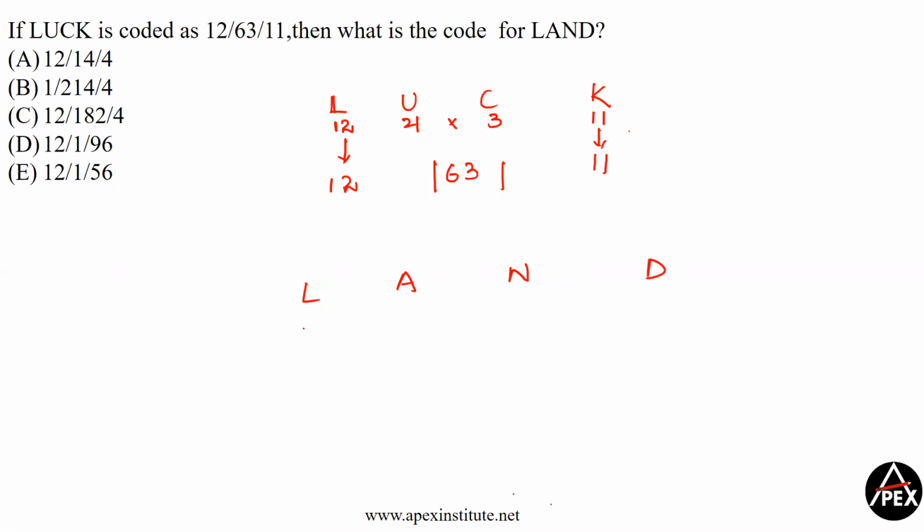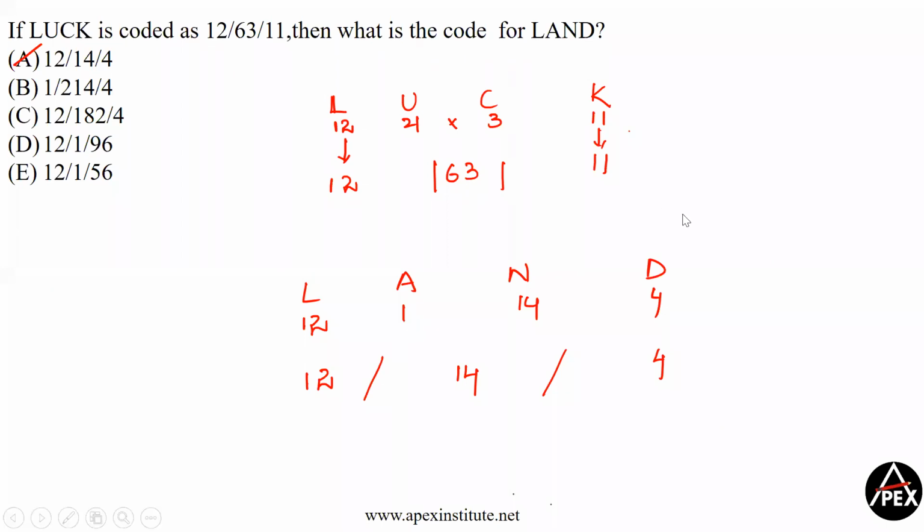L is 12, A is 1, N is 14 and D is 4. So this will remain same and this will remain same. It should be 1 into 14, which is 14. So the answer should be 12, 14 and 4. So option A.